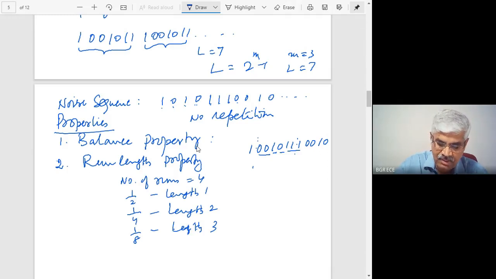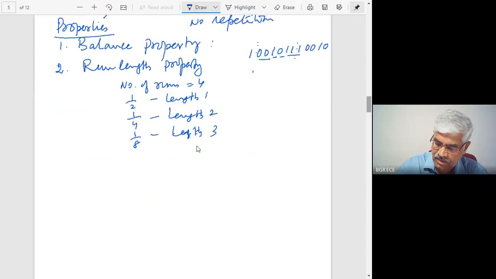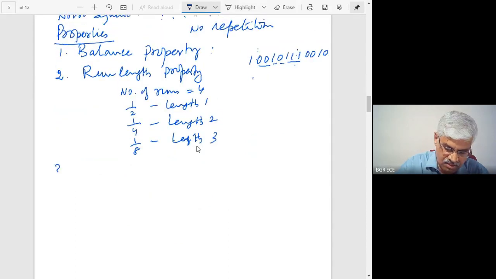A random sequence generated by any noisy waveform will satisfy this run length property. But this small periodic sequence that we have generated also satisfies the run length property. So it satisfies the balance property, it satisfies the run length property. And there is another important property called the correlation property, the autocorrelation property.